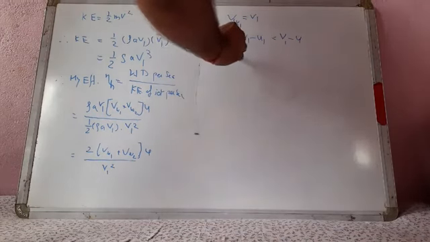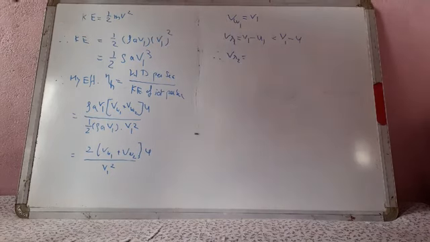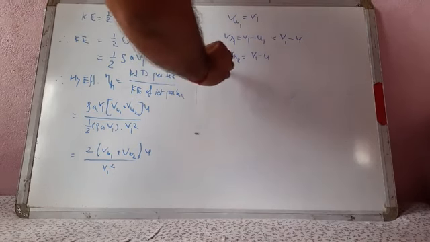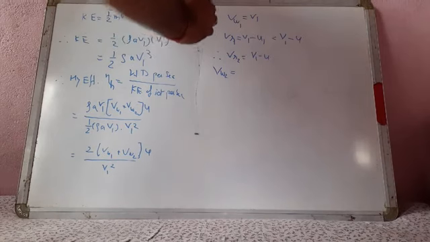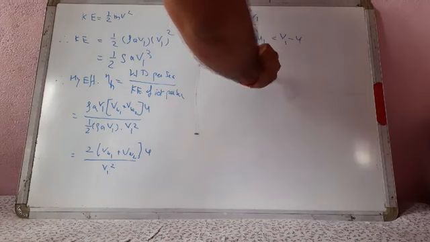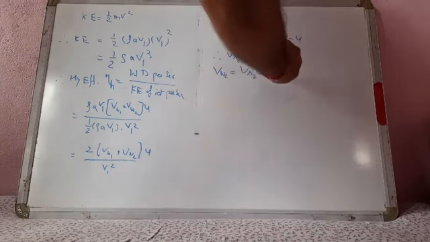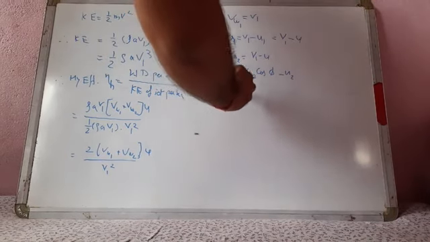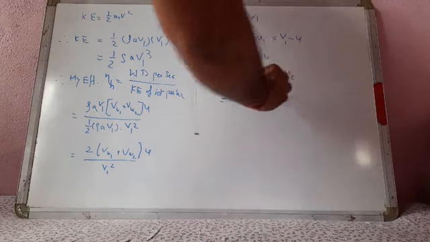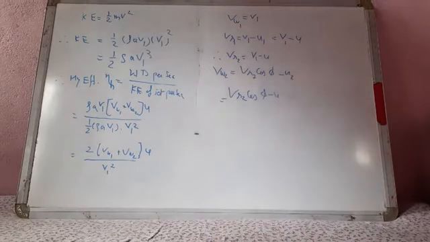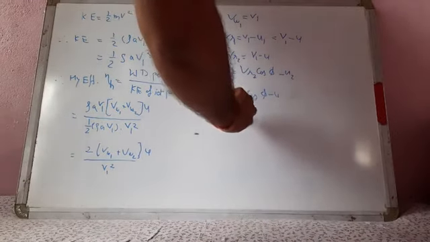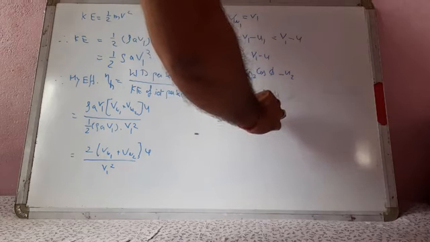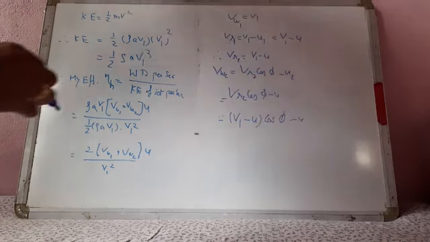So VR2 is equal to V1 minus U, and VW2 equal to VR2 cos phi minus U2, which is VR2 cos phi minus u, that is (V1 minus u) cos phi minus u.